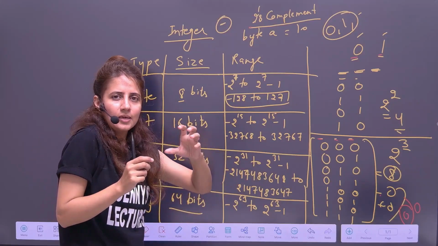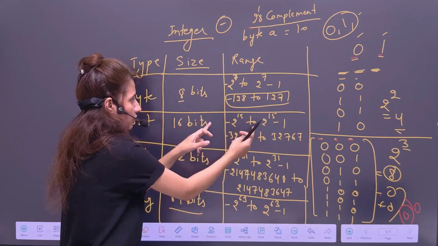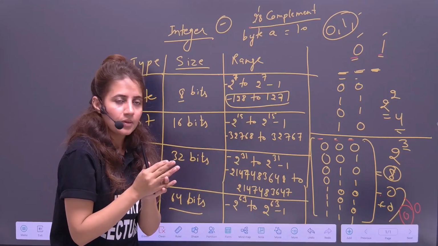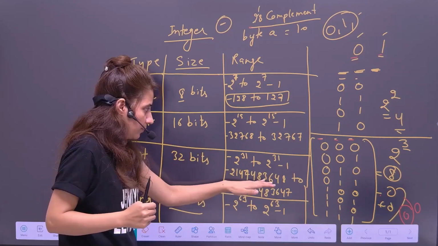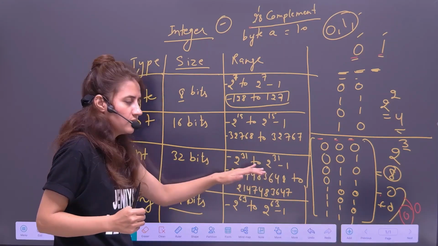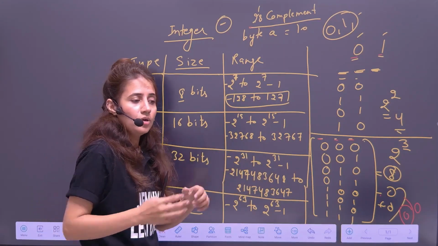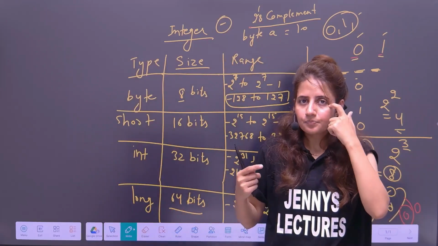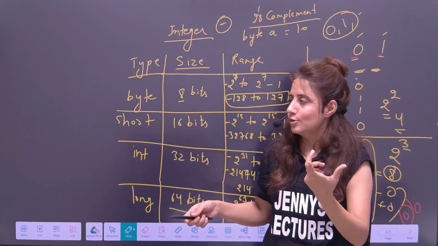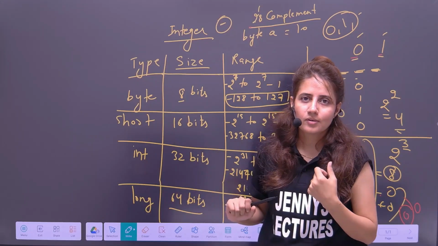If a little bit larger number, go for short. If you are working on a number which is more than this range, then go for int. If you are working on a very large number, you can select long. Generally, we deal with small data, so we can use byte or short.